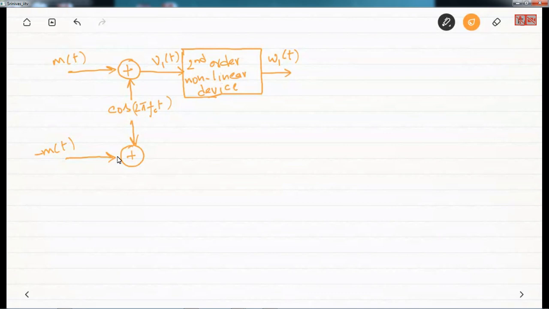And then let's say its output is v2 of t. And then we have the same second order nonlinear device here.